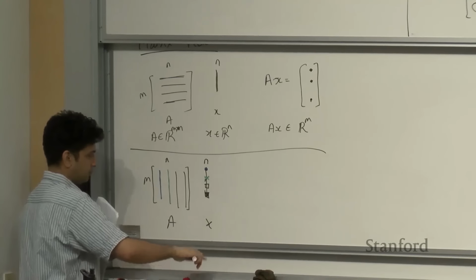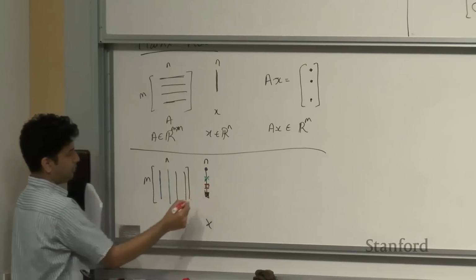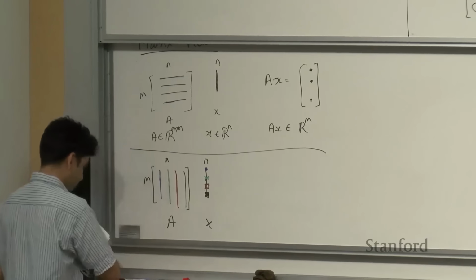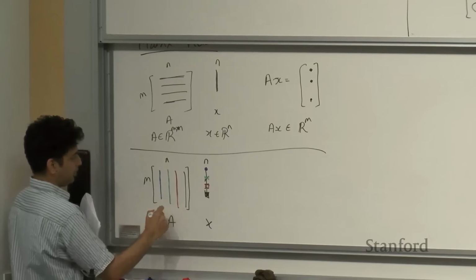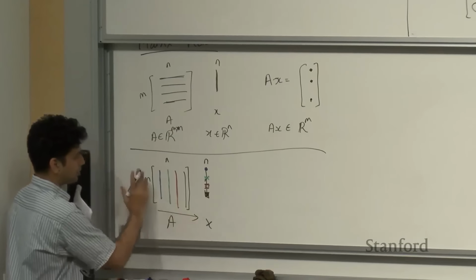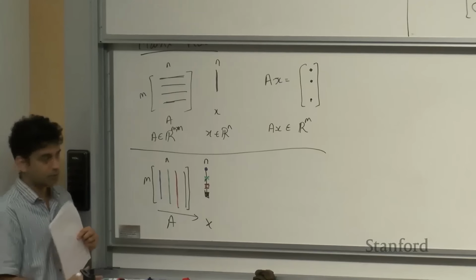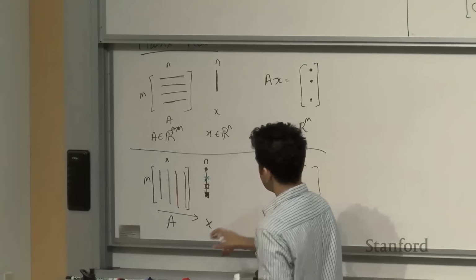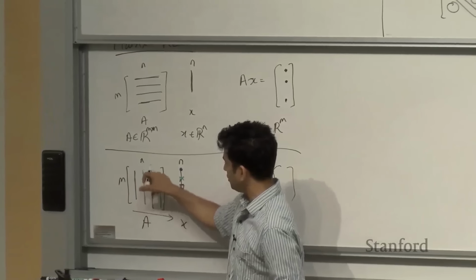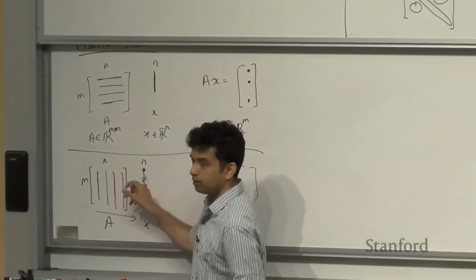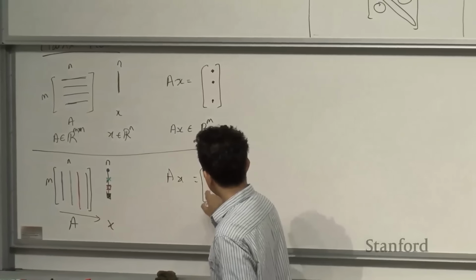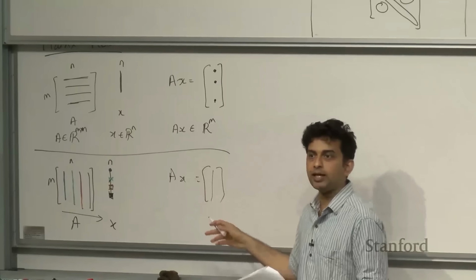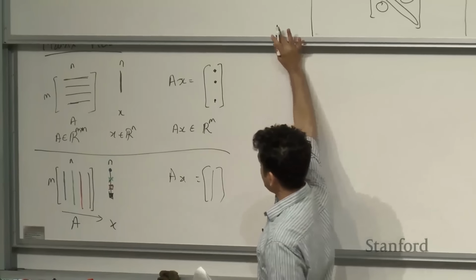And pick the third element of X, scale the third column, and then you just sum them up. So sum up the scaled versions. Ax is again the sum of m-dimensional column vectors that are scaled by the corresponding values in the vector. Whether you do the operation this way or this way, you'll always end up with the same right-hand side. So that's matrix vector.